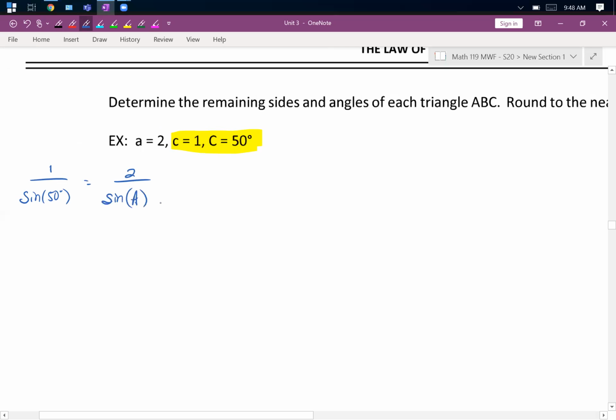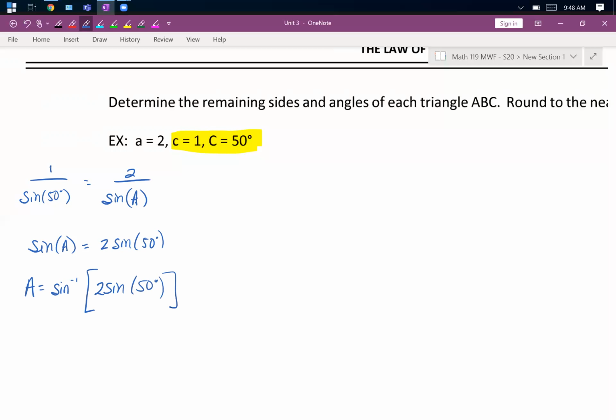We'll cross multiply. Sine of A equals 2 sine of 50. So A is going to be sine inverse of 2 sine of 50. We pop that into our calculator.